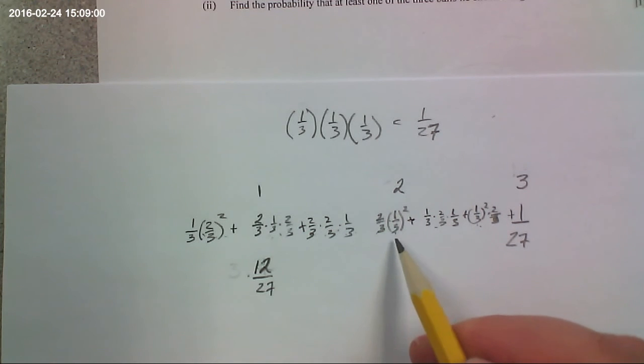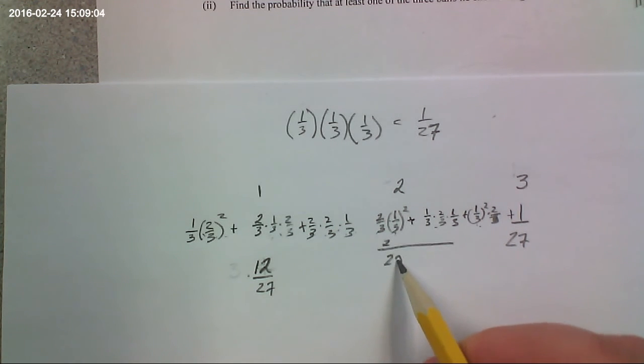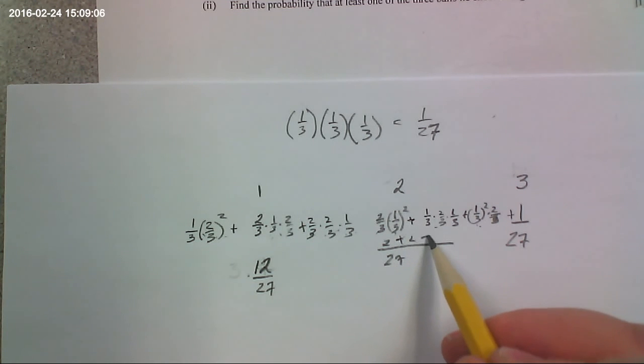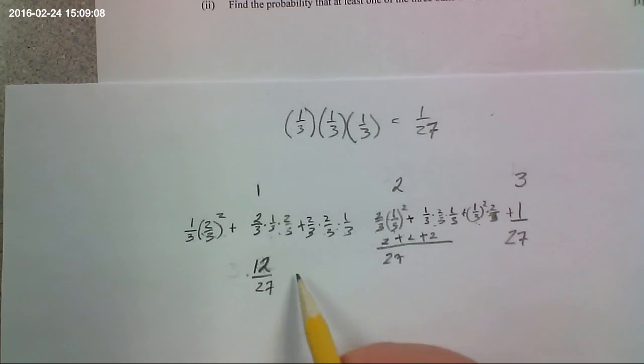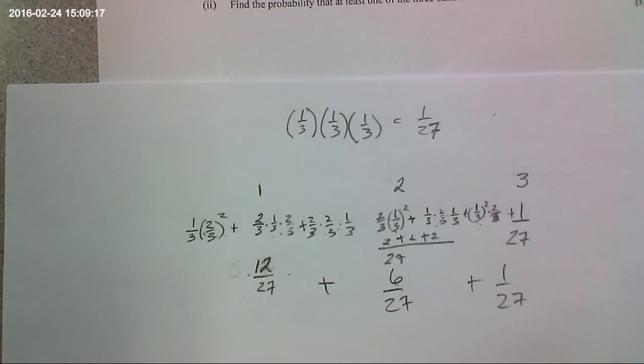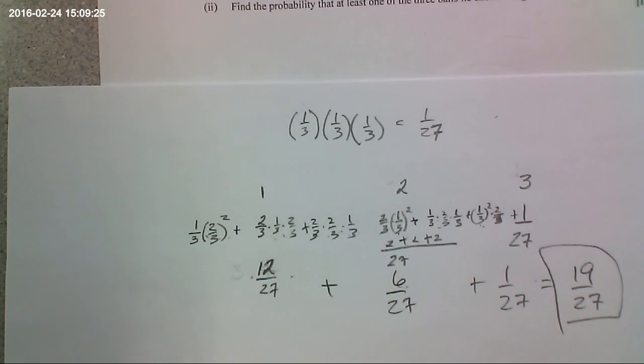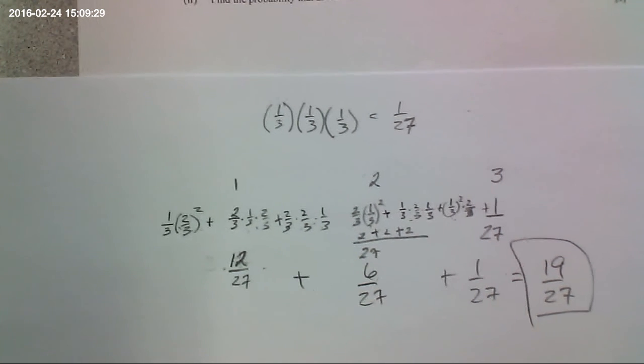So this is 2/27 plus 2/27 plus 2/27. That makes 6/27 plus 1/27 for the 3 hits. So if you add all these up, that's 19/27 would be the probability that you get at least 1 hit. That's very complicated, it's very ugly, it's difficult to do.